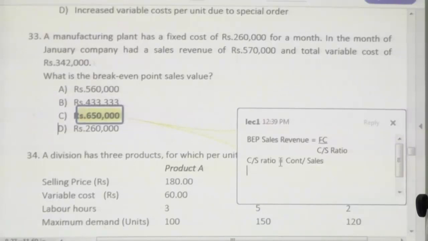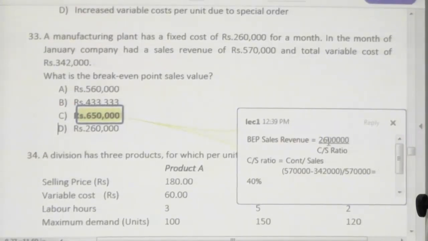How? To calculate contribution, what do you need to do? Take 570,000, the sales value, minus 342,000, the variable cost. Now you have the contribution. Then divide by 570,000. Now you have your contribution to sales ratio as 40%, right? This is your contribution to sales ratio. Now divide the fixed cost. How much is the fixed cost?